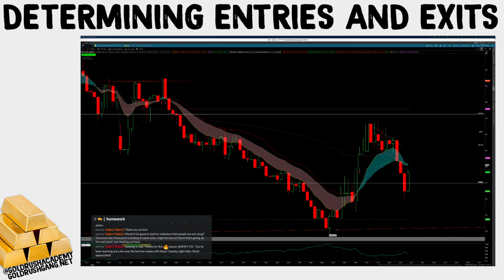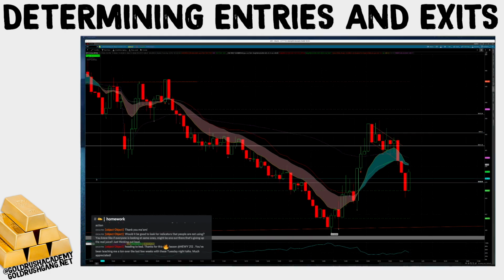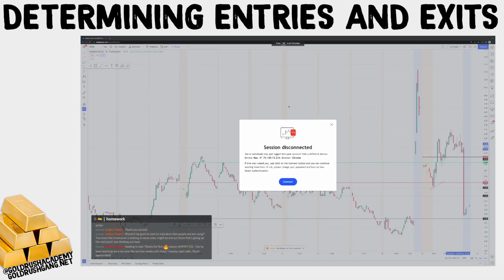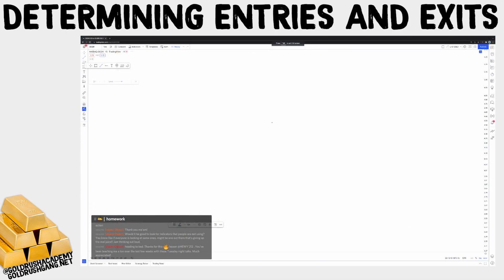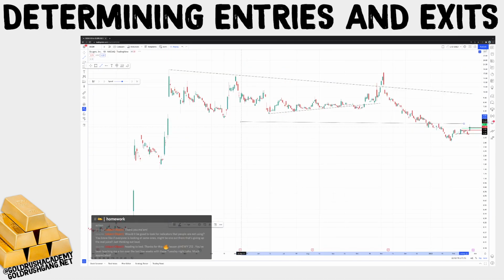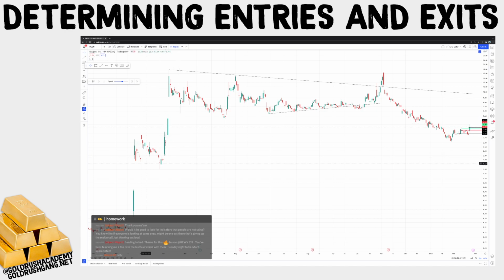I want to talk today about risk reward based on where your stop loss is on the chart, in relation to your entry and your exit. So I'm going to have to bring out TradingView for this. Somebody give me a ticker. Post a ticker in the chat real quick, and we'll do a couple of these.